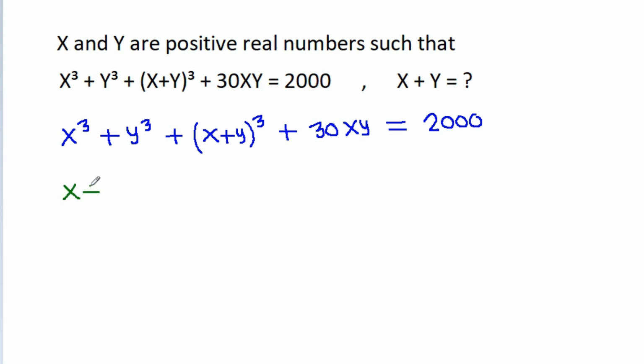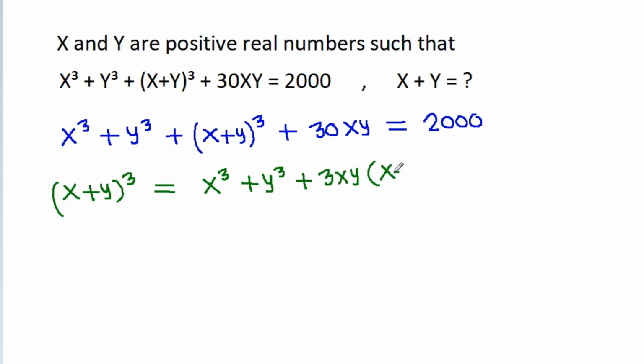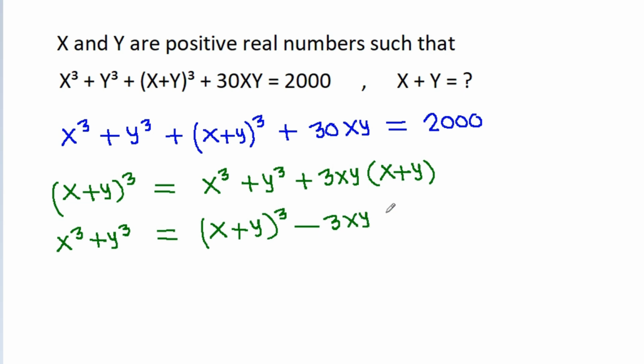And (x plus y) cube is equal to x cube plus y cube plus 3xy times (x plus y). So x cube plus y cube will be equal to (x plus y) cube minus 3xy times (x plus y).